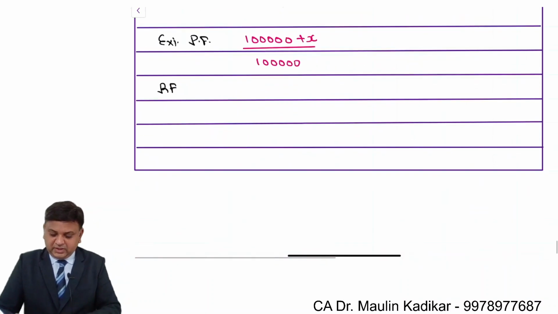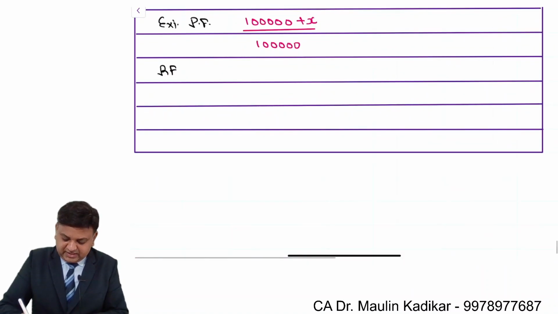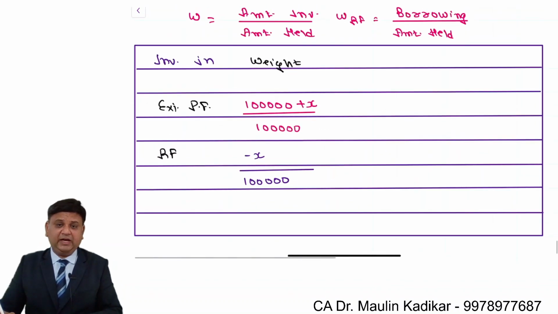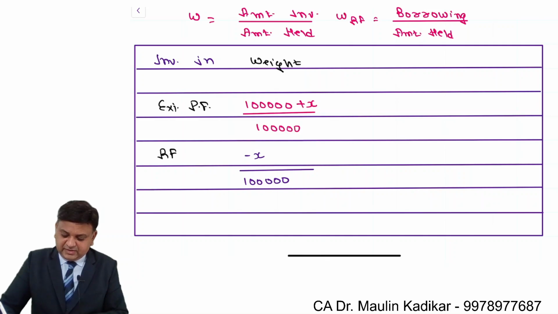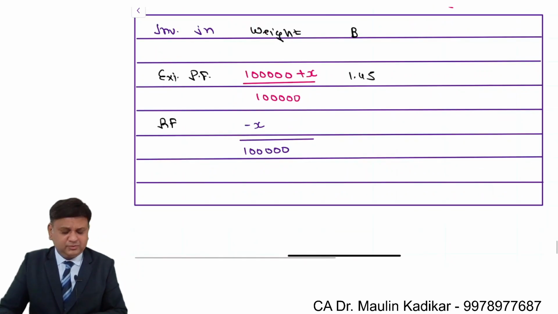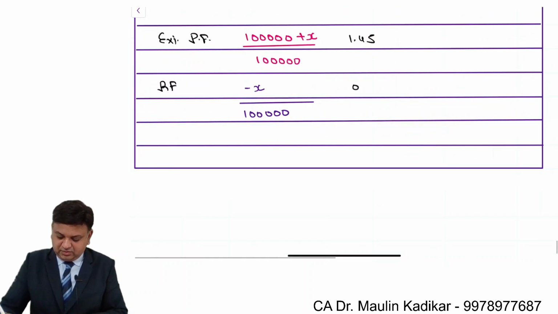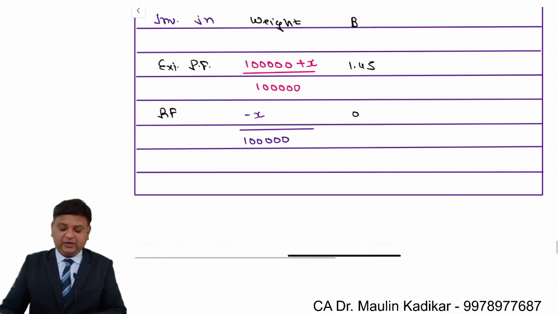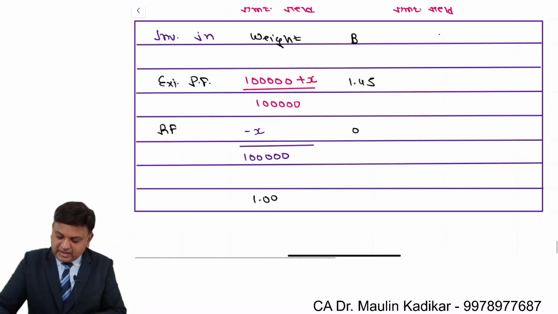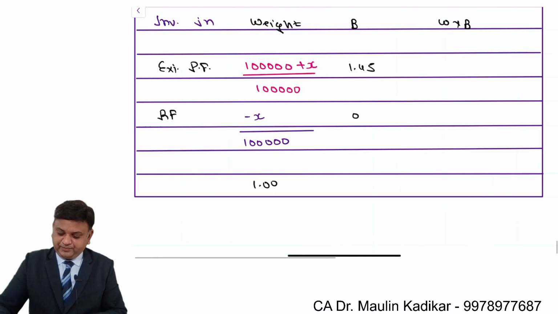So what will happen over here? It will be negative X divided by 1 lakh. This is the way we will have the weight, multiplying with the respective beta. So the betas are 1.45 and 0. And of course, friends, the weight total would be 1.